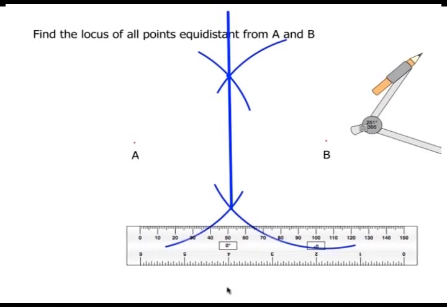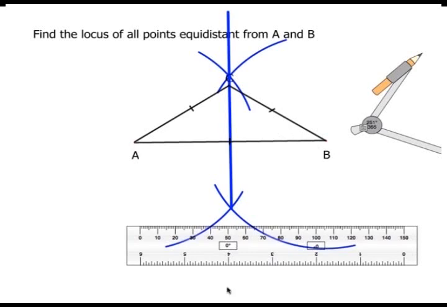Initially, it seems logical to think that the midpoint of A and B is the locus. But now we are saying that the locus of such a point is a perpendicular bisector. All points along that blue line are equidistant from A and B. Think about it this way. If you draw a line from A to the bisector, and then from this point C to B, you will have an isosceles triangle.